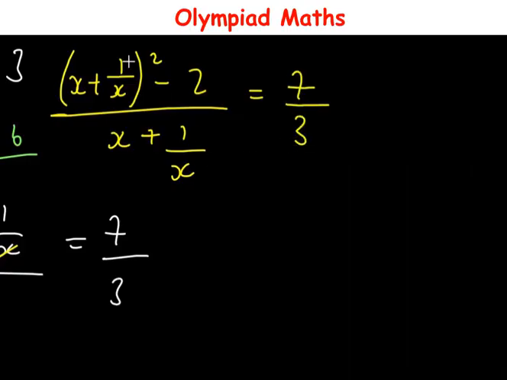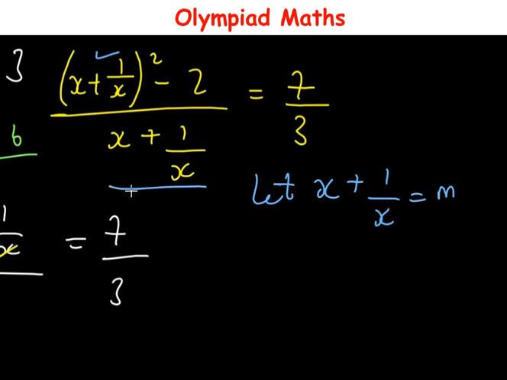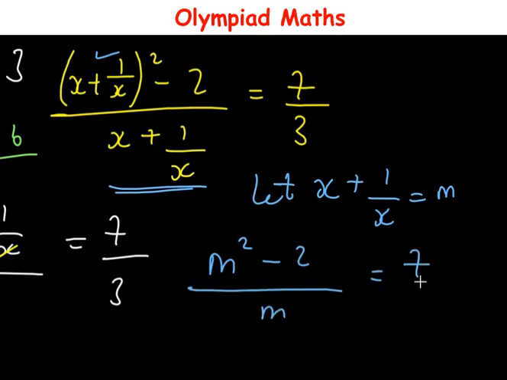At this junction, we are going to say, let x + 1/x equal m. So this right here equals m, and what we have is (m^2 - 2)/m equals 7/3.